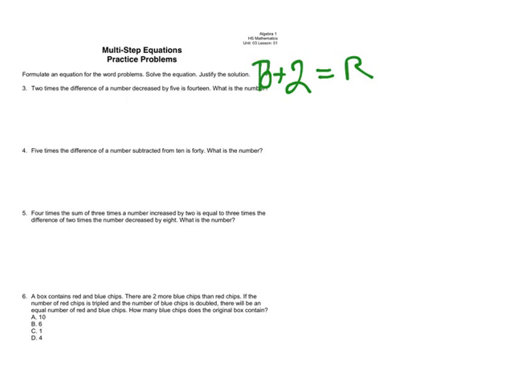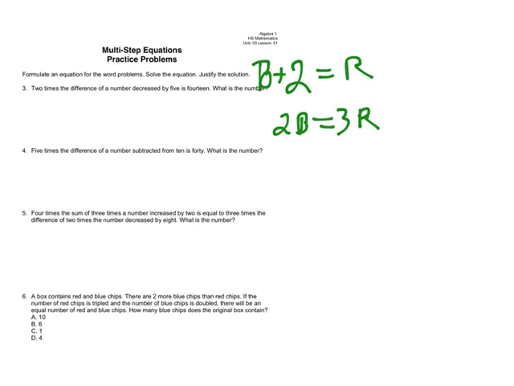If the number of red chips is tripled and the number of blue chips is doubled, there will be an equal number of red and blue chips. So if we have 3R equals 2 blue. How many blue chips does the original box contain? Well, here's where we have substitution.